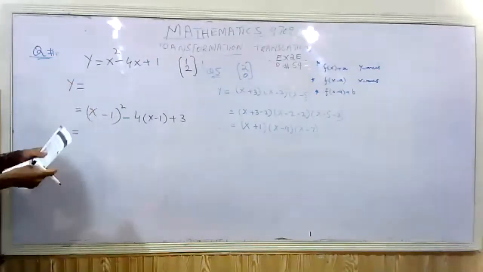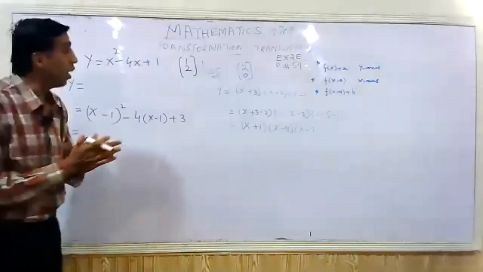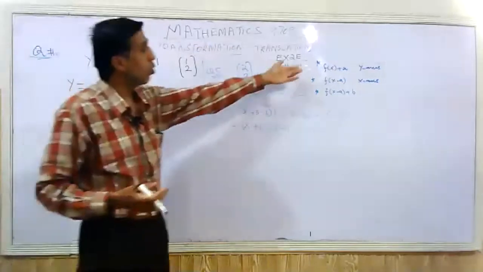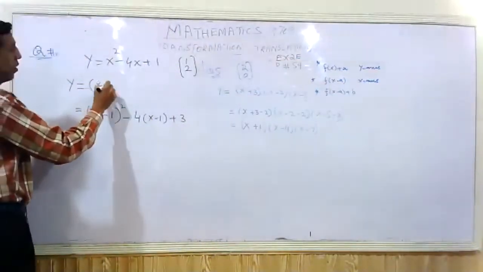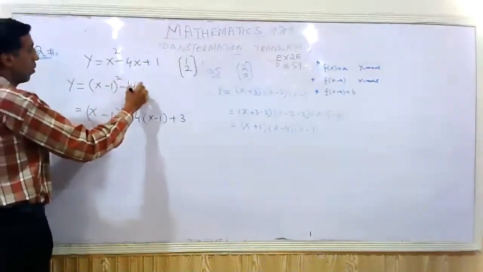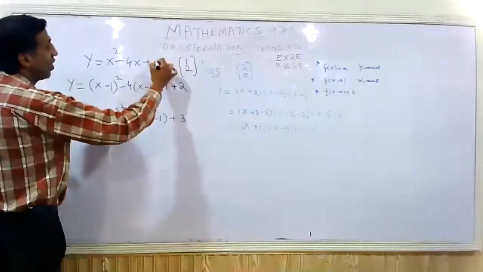Yes, this was question number 6. The translation was (1, 2). We have to see which law will be used, the third one. In the third one, first of all we make a replacement, and at the end we add the constant value.